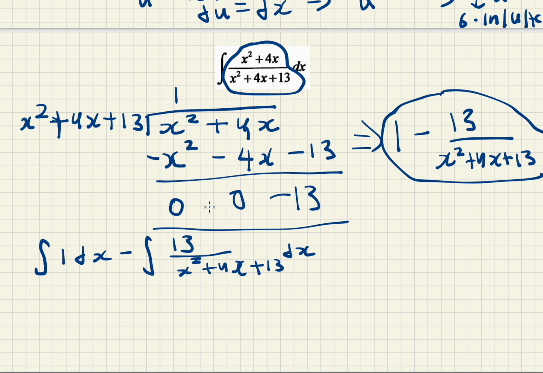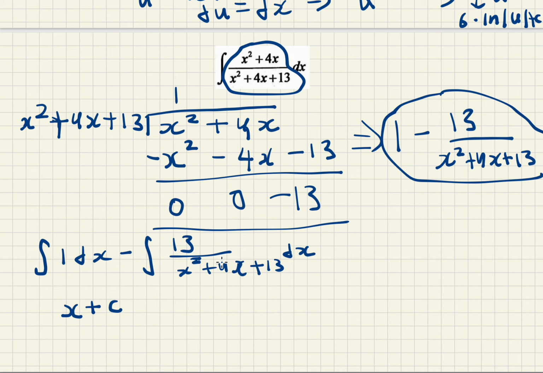It's equivalent to this, right? So if you integrate 1 with the power rule, that just gives us x plus c. And for this, we need to do something called u substitution.